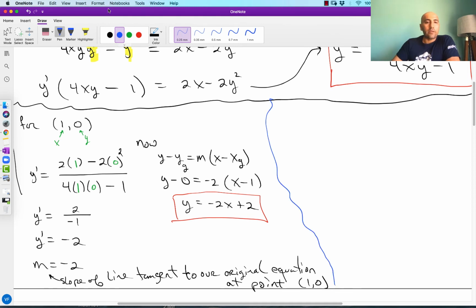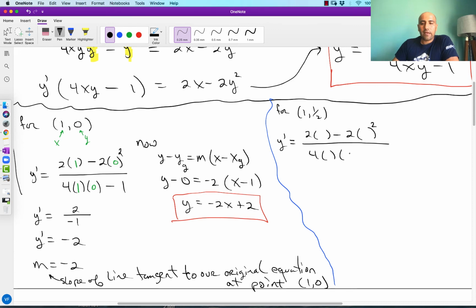We know there's another one. We have, for the other point, 1 comma 1/2. Again, we need to figure out the derivative of the line tangent at that point. So y prime is going to be equal to 2 times blank minus 2 times blank squared, all over 4 times blank minus 1, right?